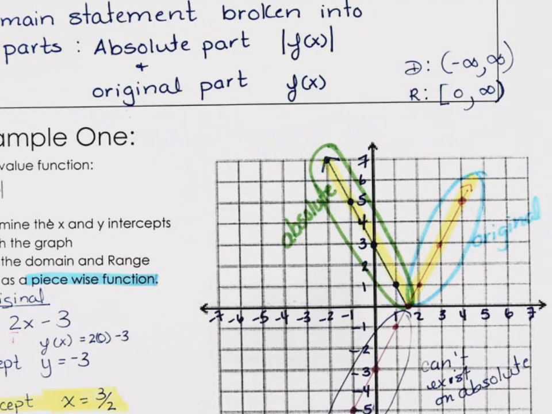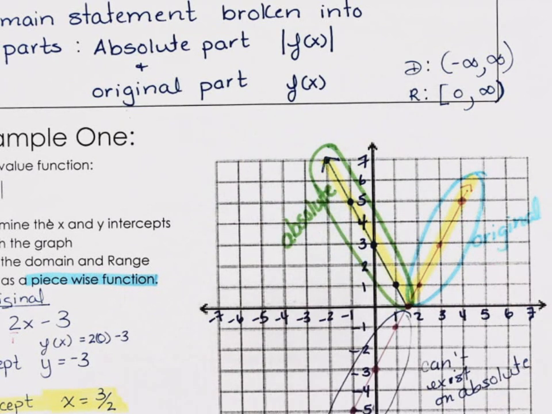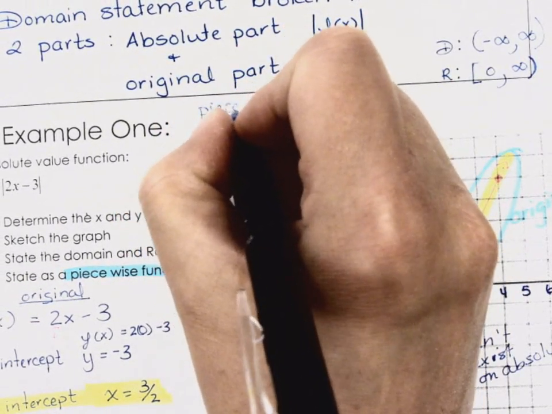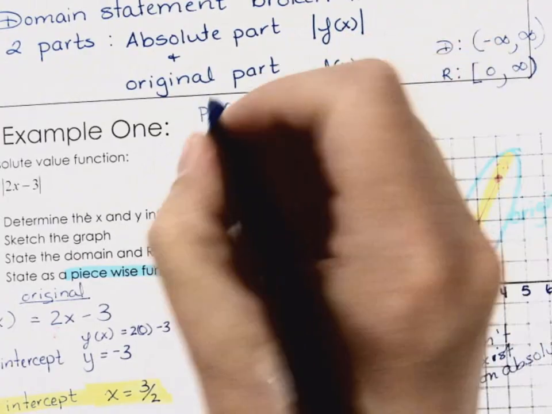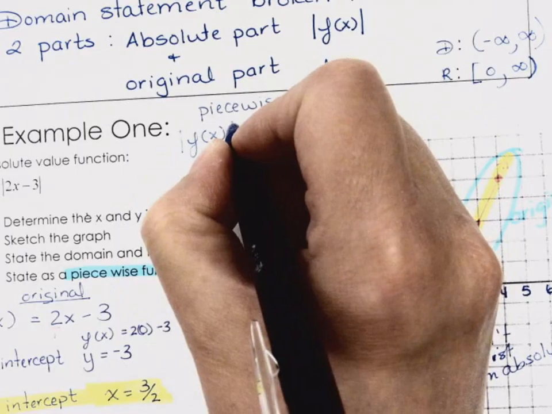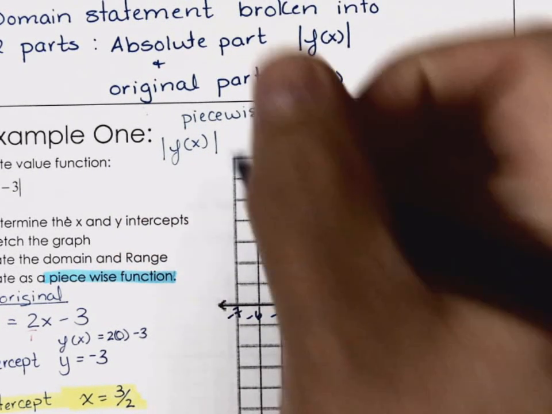The yellow makes up the entire graph, but really there's parts that we did stuff to, like the absolute value changed this part, it flipped it up. So we're gonna break it down into 2 domain statements, super easy. So for our piecewise, I'm going to start with my absolute value. I'm taking the function and asking which part flipped.